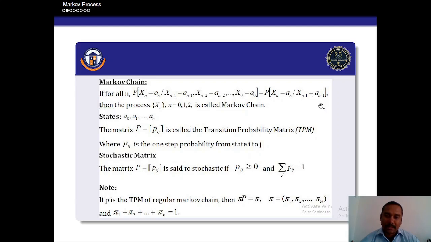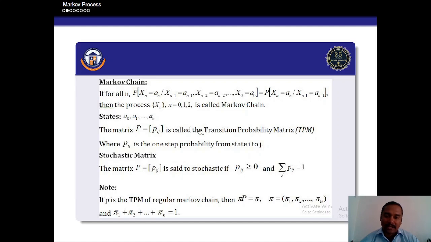That means the happening of the event n depends upon the happening of the event n-1, not on the past events. Here the terms a0, a1, etc., an are defined as states of the Markov chain.